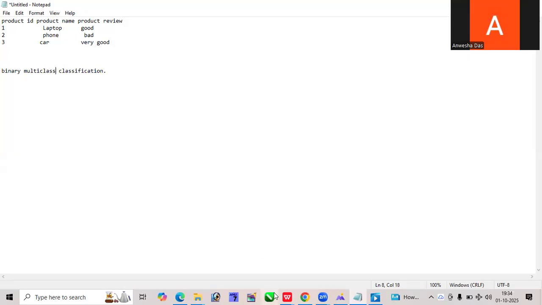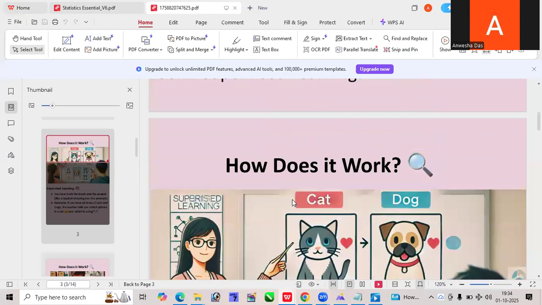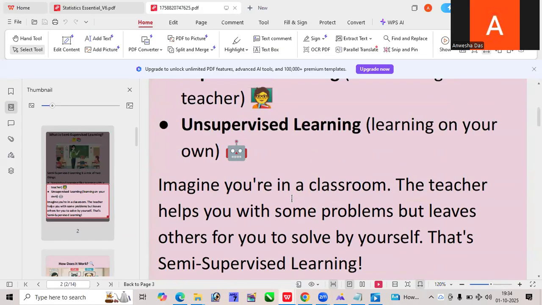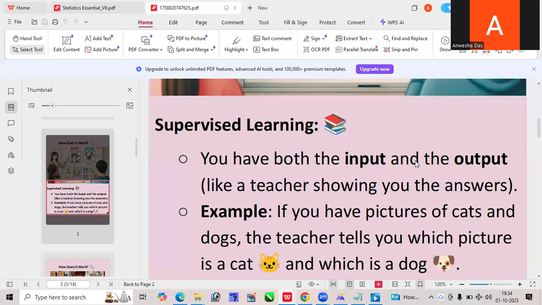And what is unsupervised machine learning? Consider those students who don't have access or who don't have money to go to a particular college, and they're learning on their own. So that is part of the unsupervised machine learning problem. In an unsupervised machine learning problem, there is no particular output column.